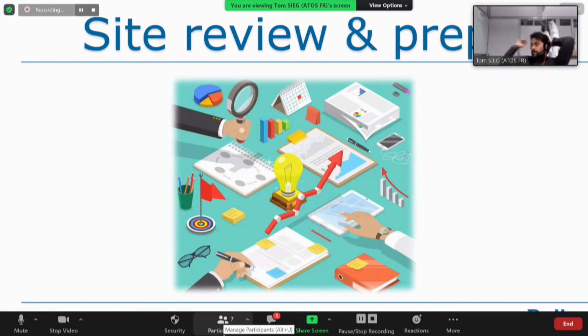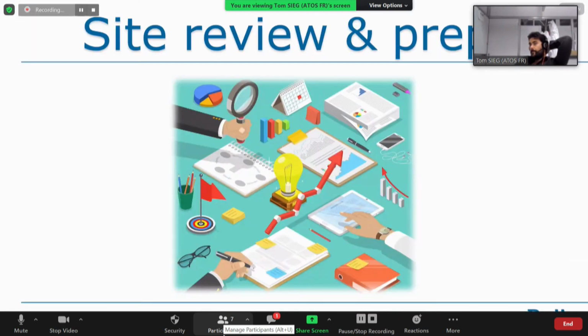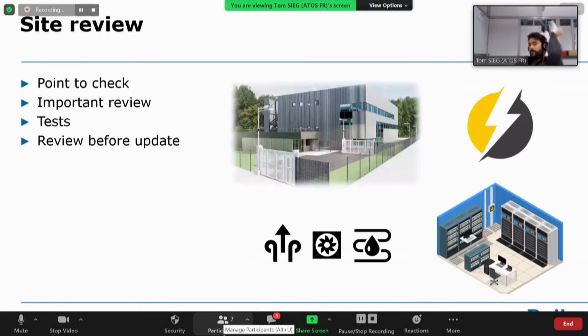So, physical deployment and maintenance. The first point is the site preparation and the site review. We saw previously how to choose cluster components and how to choose and increase the data center.